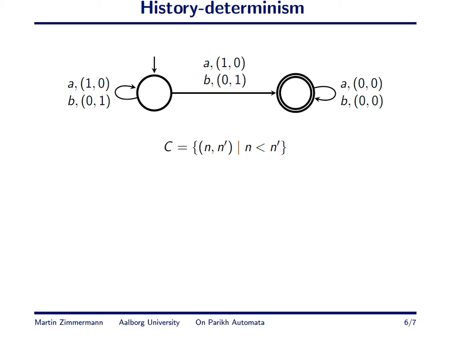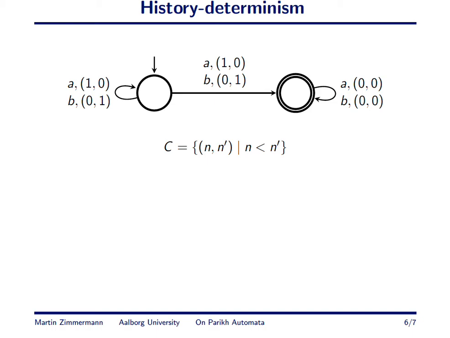So let me briefly explain what history determinism is. Look at this automaton we saw in the earlier example. To accept a word, you have to make a non-deterministic choice, essentially to see or add a prefix where you have more B's than A's, right? But this is non-determinism you can resolve based just on the history of your input. If you have access to the word you have processed so far, then you can determine whether you now have a prefix that has more B's than A's or not.